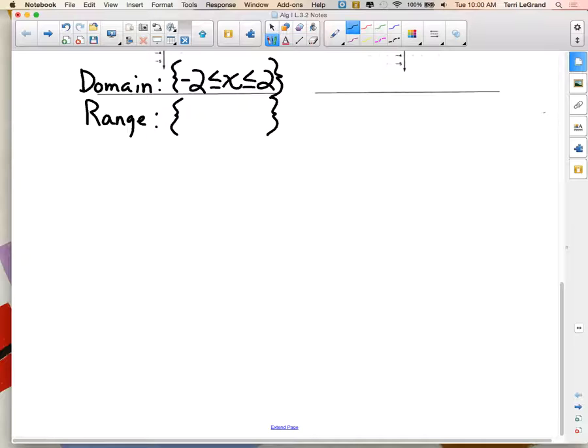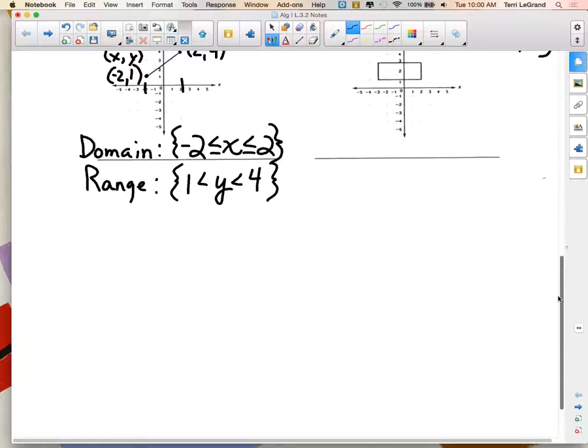Okay, who's got the range for us? Go. I want to hear it as a compound inequality. One is less than y and less than 4, if I said that right. It's less than or equal to. Okay, so do you want the equal to bar in there?